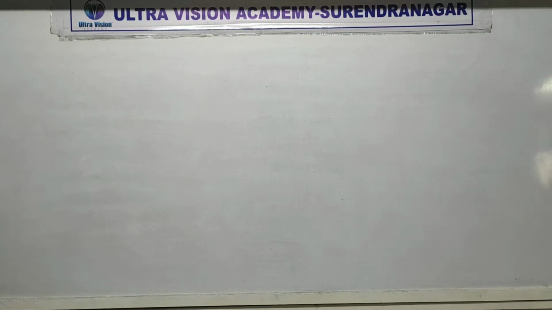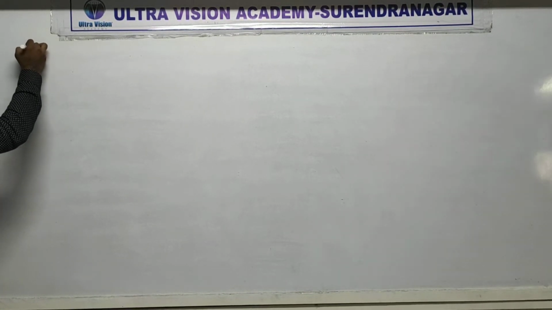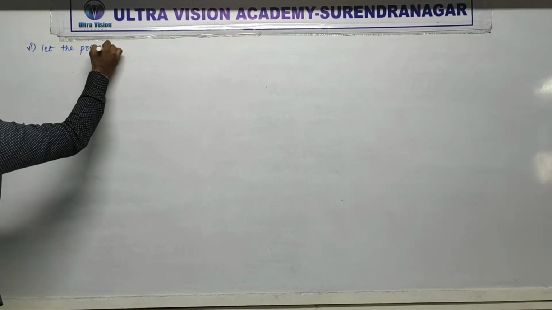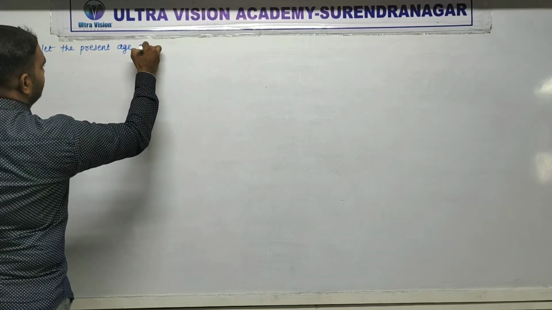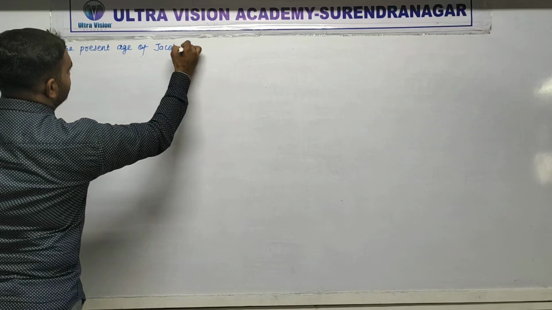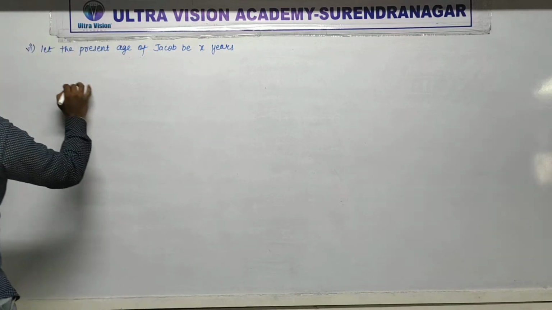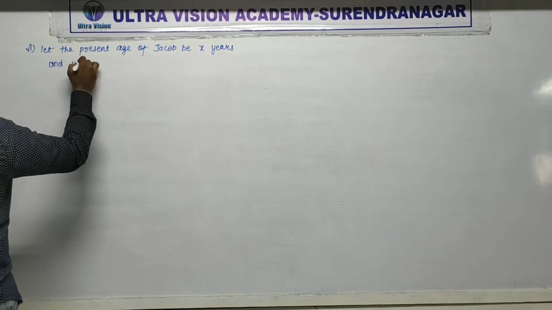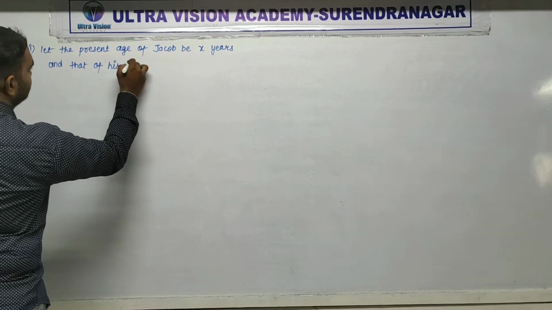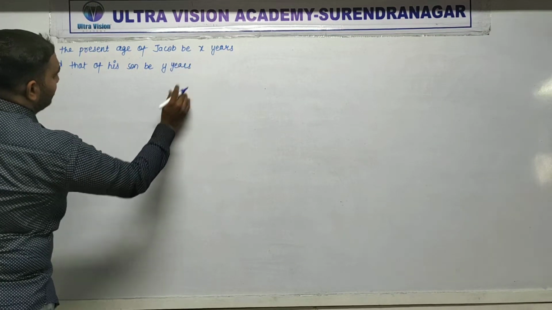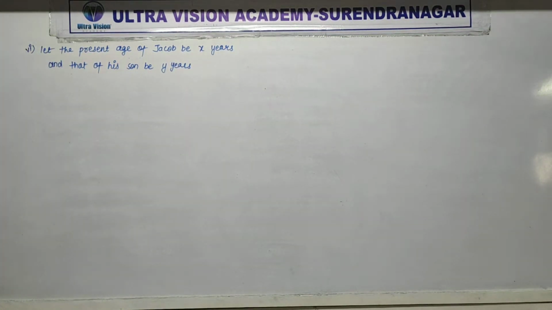So let us assume the present ages. Let the present age of Jacob be X years and that of his son be Y years.